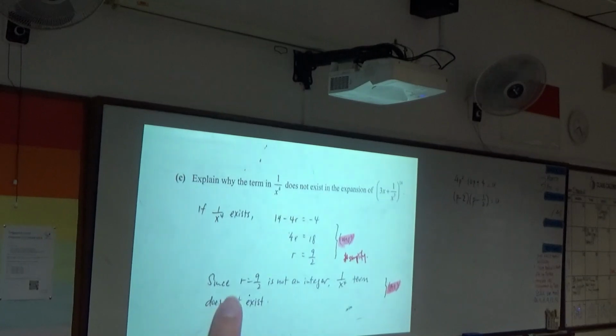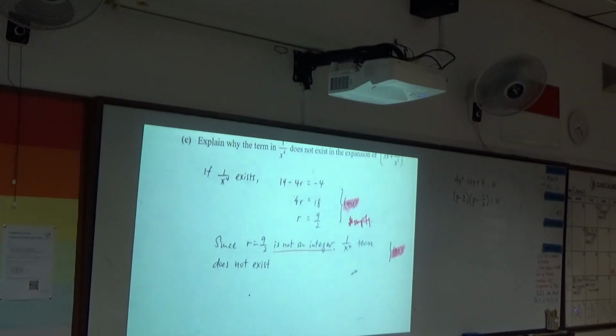So we explained that since r equals to 9 over 2 is not an integer, 1 over x power 4 term does not exist. I know that I gave the mark for explanations that tell me things like, since r equals to 9 over 2 is a fraction, then 1 over x power 4 term does not exist.